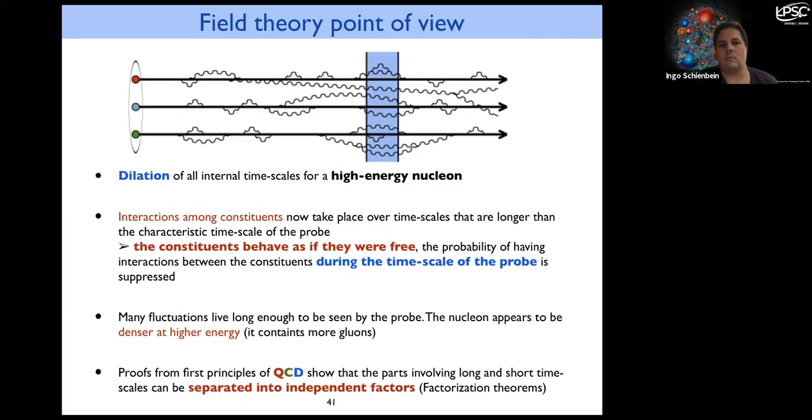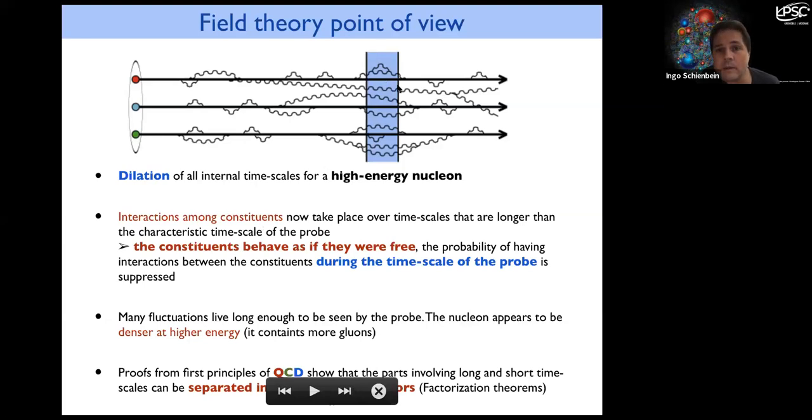So now, if we go to a high energy frame, we will have a dilation of all internal timescales. So for a high energy nucleon, everything will get stretched. Now the interactions among constituents take place over timescales that are longer than the characteristic timescale of the probe.